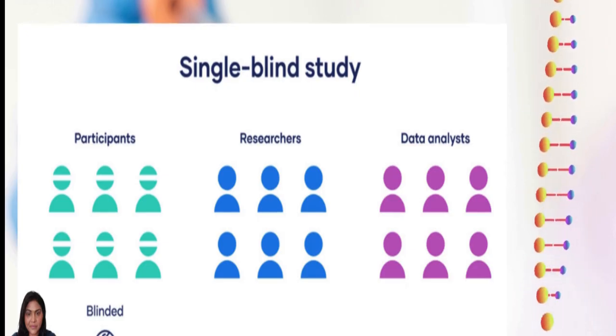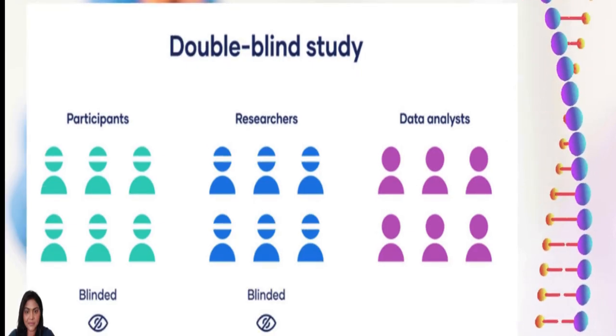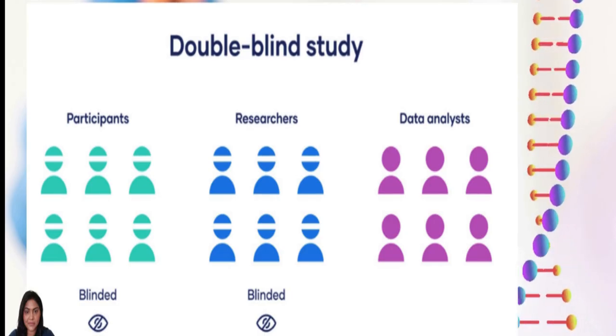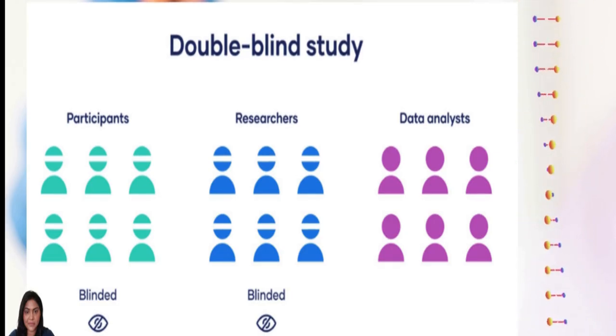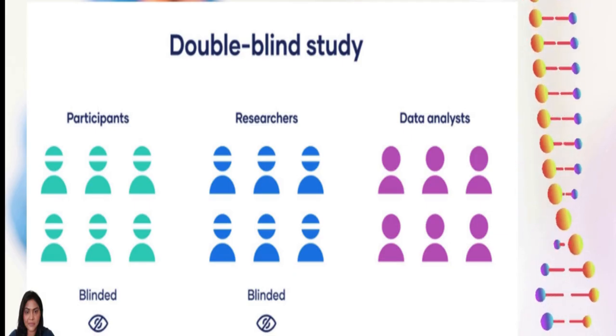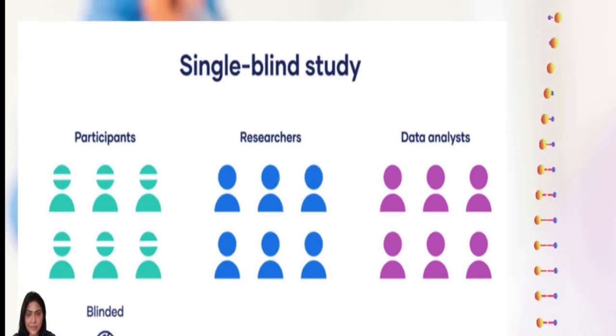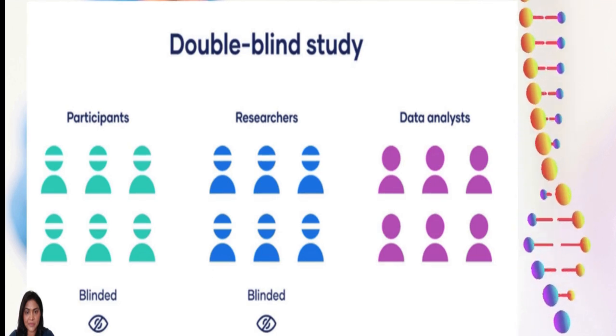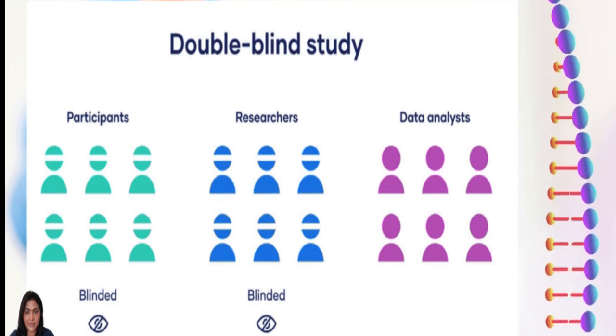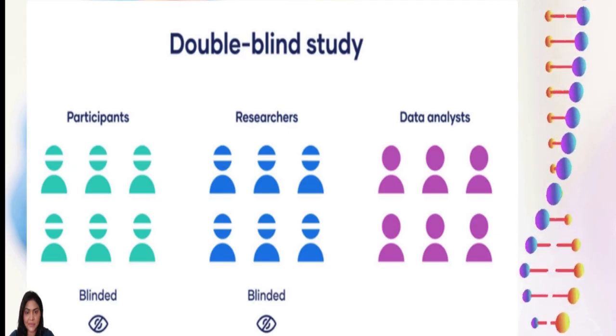Let's discuss the double blind study. Double blinding is needed because when the researchers administering the experimental treatment are aware of each participant's group assignment, they may treat those in the control group differently from those in the treatment group.